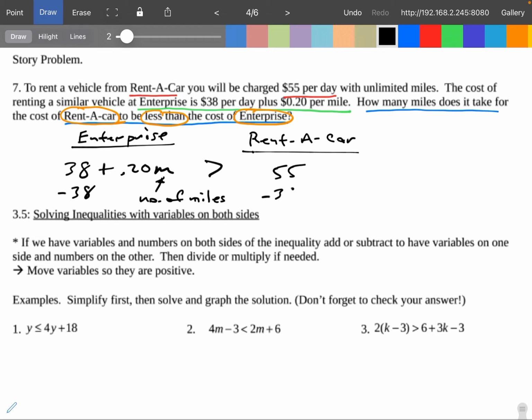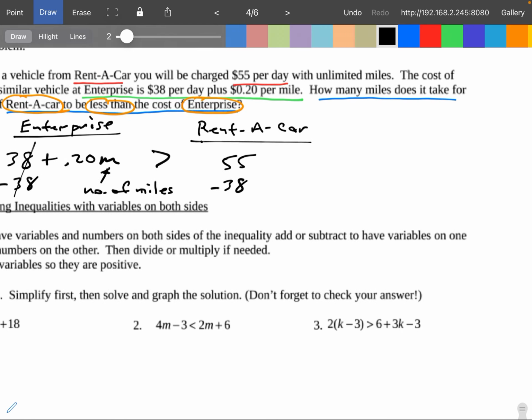So then, let's solve this thing. To solve it, we are going to subtract 38 on both sides. The 38s are going to cancel on the left.